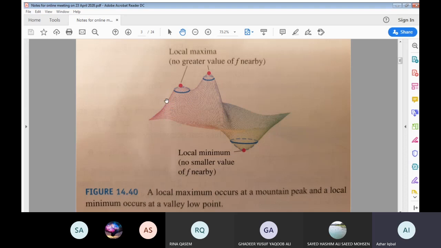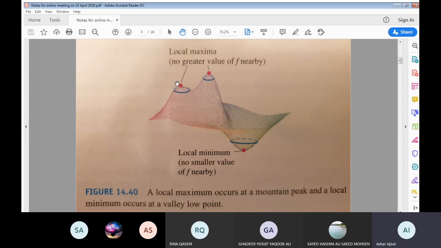Here, this blue circle is a local disk, but of course this disk is a projection of a disk which is located in the xy plane. And this red point here is a local maximum because there is no greater value nearby for the function f.